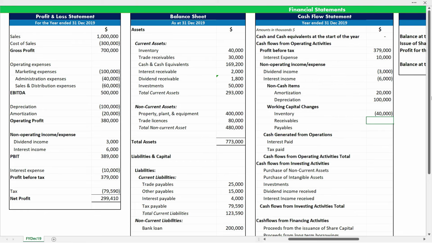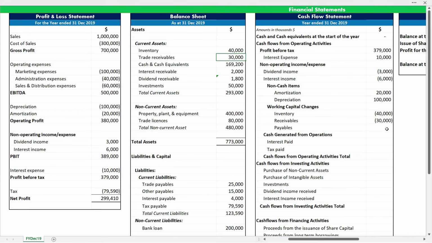Listen, if you are increasing the inventory, it means the money is going out, so the cash effect is negative. Same for receivables. Receivables have increased to $30,000, I will say $30,000 here, but since it is an increase, it is negative.